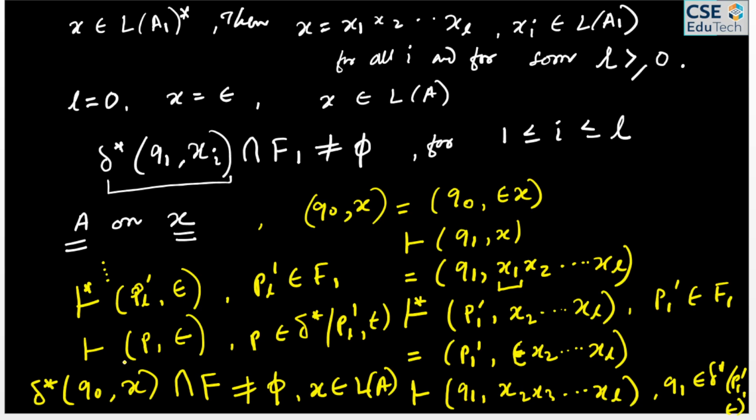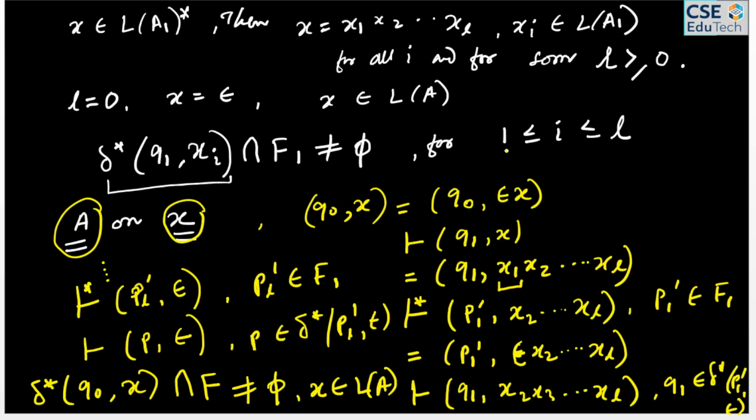This is basically the alternative way to prove this lemma, and we have shown here the computation on the automaton A with a string x, where x is considered as x1 x2 up to length l.